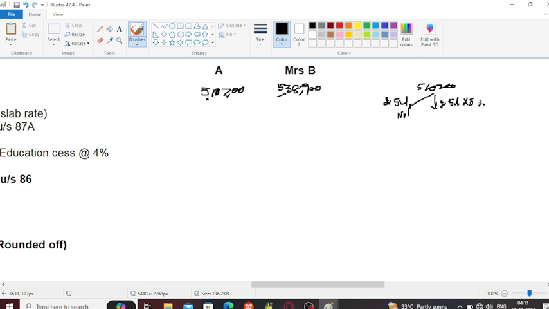If you multiply by 5 percent, you will get 12,500. For the remaining 10,700, it will be taxable at the rate of 20 percent.